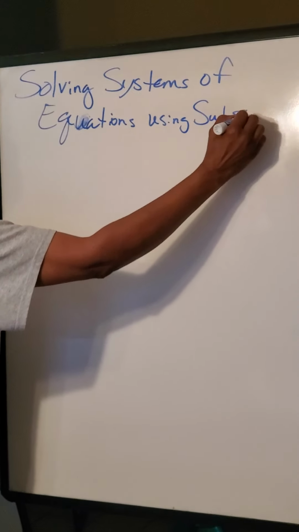Now if you notice, both of these equations say that y equals. So the first thing I'm going to do is take these 2 and set them equal to each other. So I'm going to take 4x minus 6 and set it equal to x plus 3. If you notice, there's only one variable in this equation now, the variable x. So when I solve this, I'll know what x is equal to.